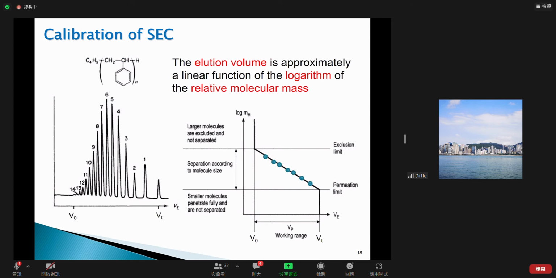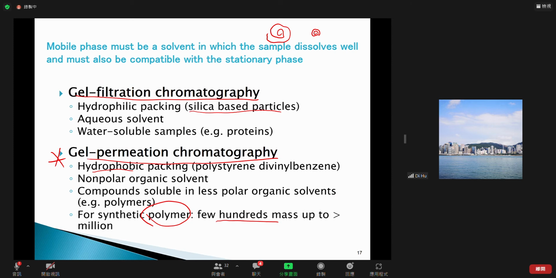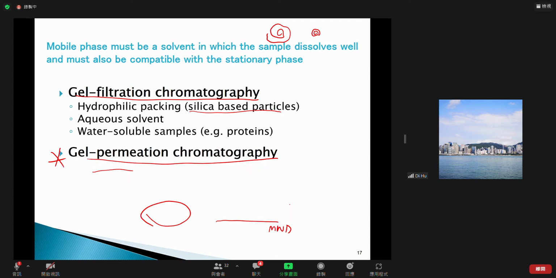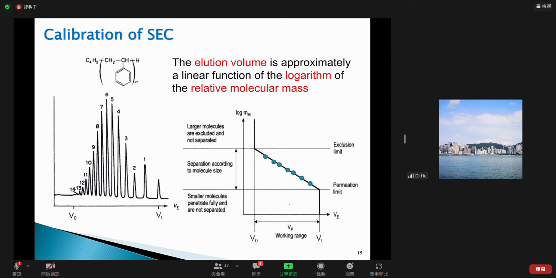Okay, good. So then this is how it looks. If you want to apply size exclusion chromatography to determine the molecular weight distribution of a polymer, the first thing to do is the calibration. Oops, sorry. So why do we have to do the calibration? The separation is based on molecular size, and we already know that for the elution profile, we get VE.